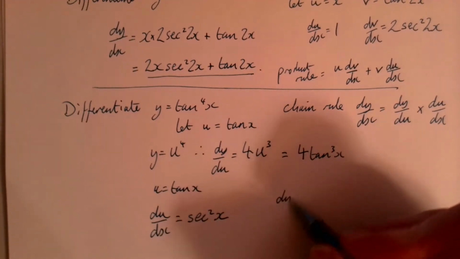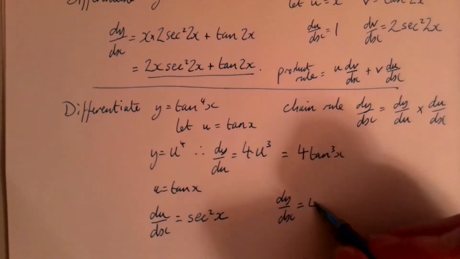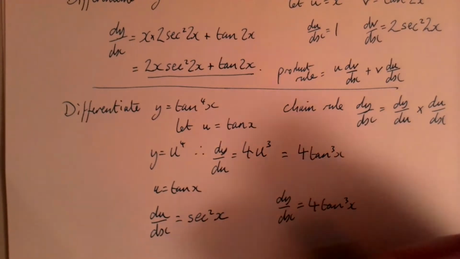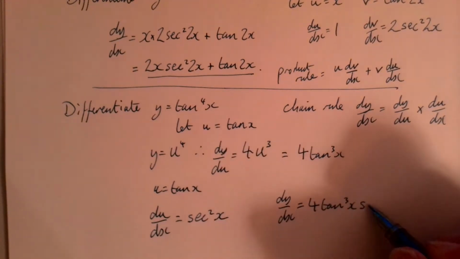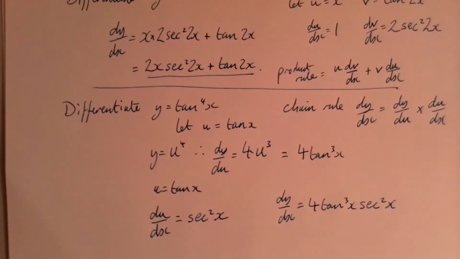So we can say dy by dx is dy by du, which is 4 tan cubed x, and that's going to be multiplied by sec squared x.